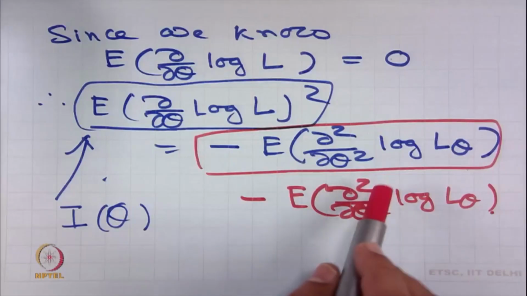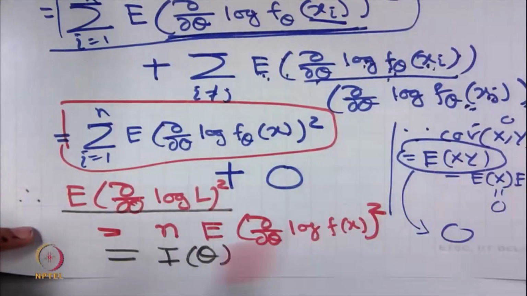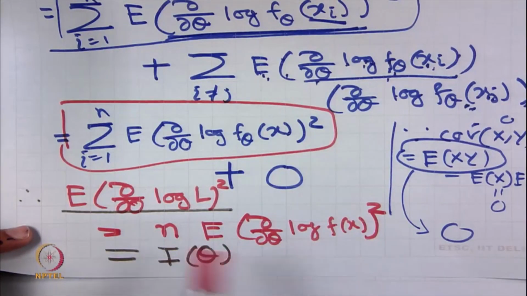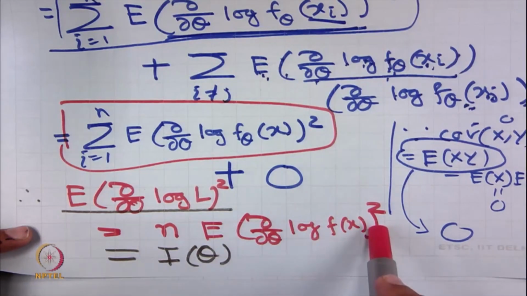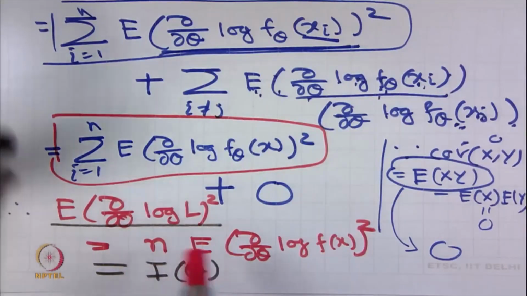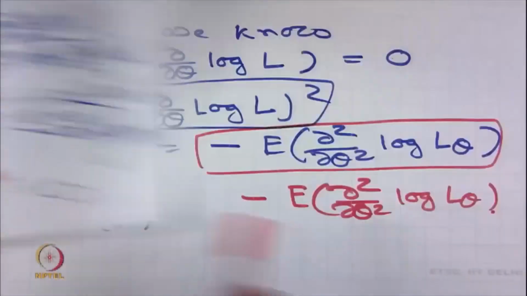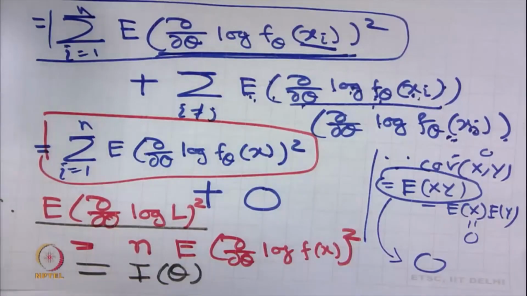One is this one and the other one is n into expected value of del del theta log f whole square. So, in problem solving we shall be using one of these forms and we will be able to solve certain problems.